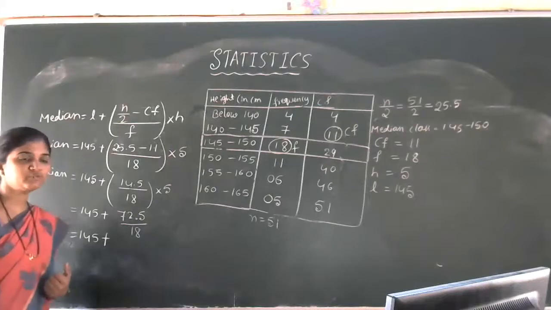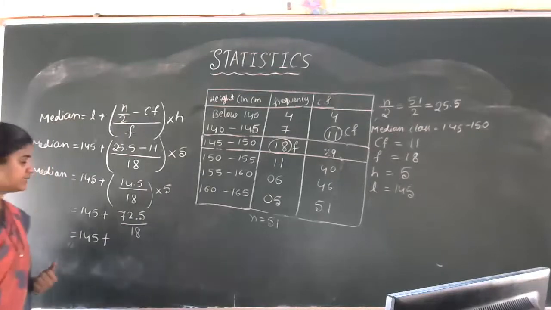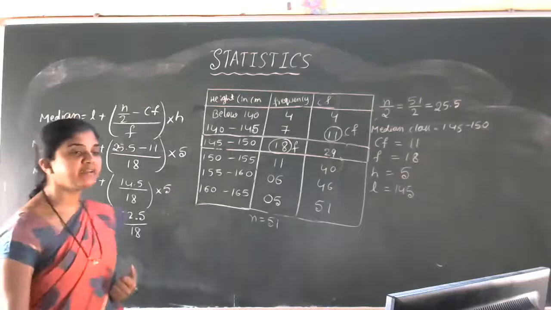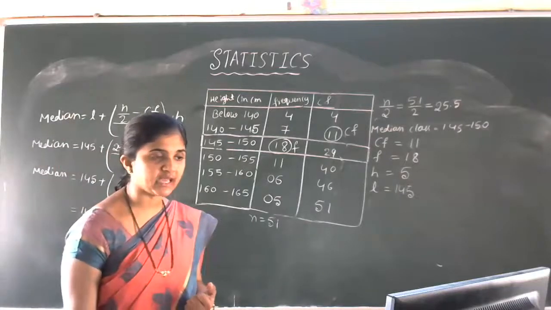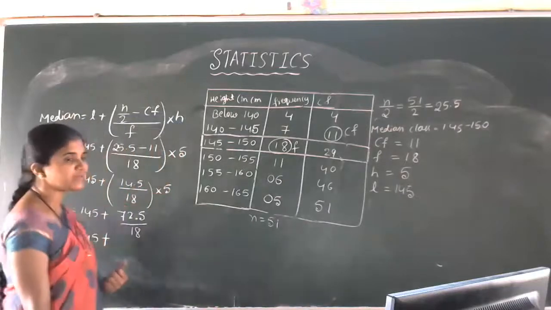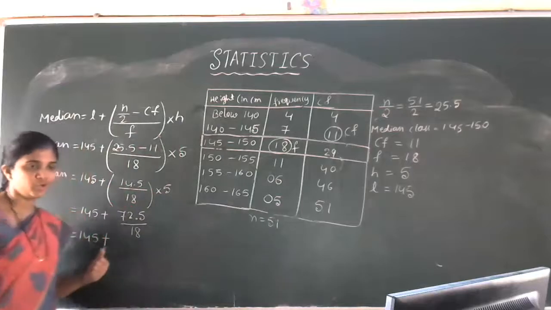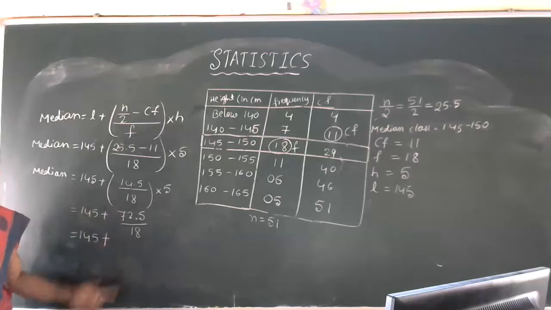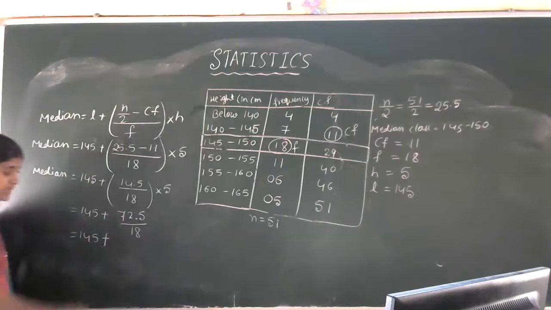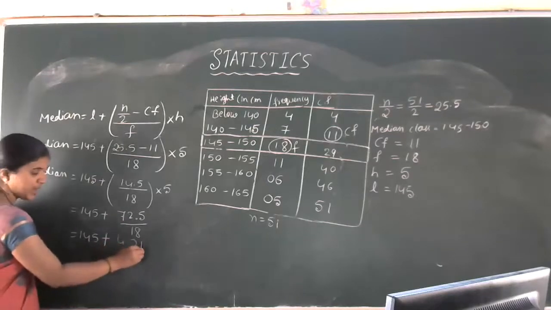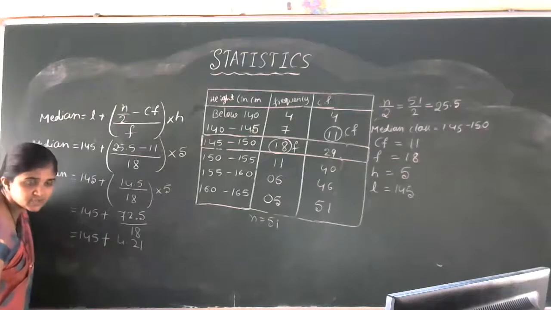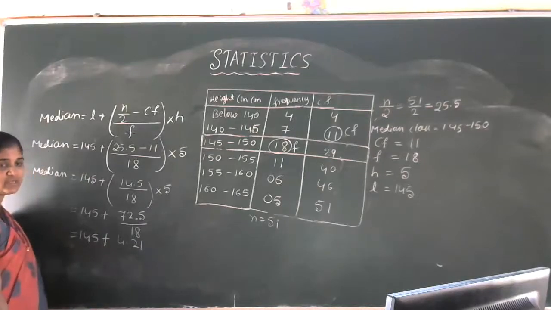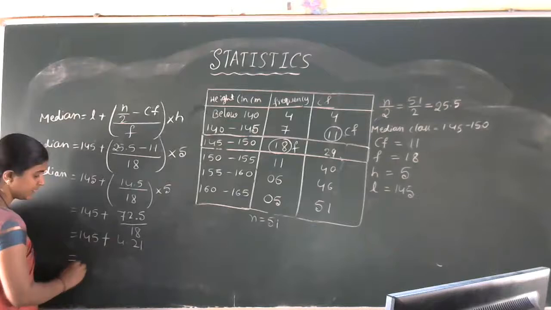Don't use a calculator, because in your examination a calculator is not allowed. If you get this type of question, you just have to divide. 145 plus 4.2, 4.21. See here, 4.02.